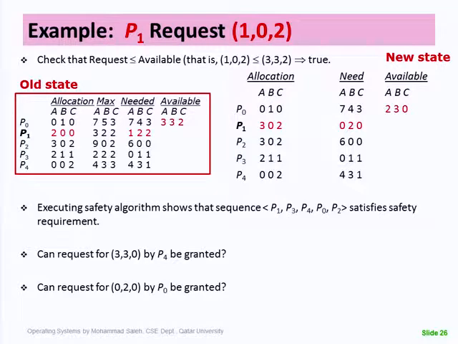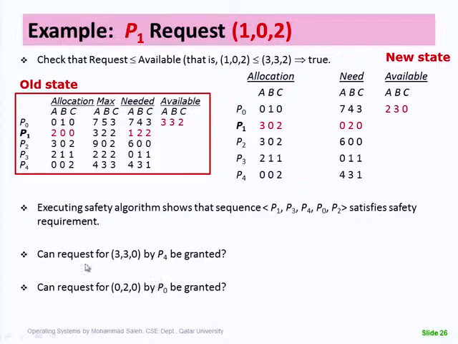As a result of that, you'll find that we have an execution sequence, and that execution sequence is basically P1, P3, P4, P0, P2. So if you manage to find an execution sequence in the same way that we just did, then we say that it's safe to grant the request for P1. So P1 is granted the resources that it requested, and we have a new state, which is this state. This new state is committed, and it is the new state of the system.